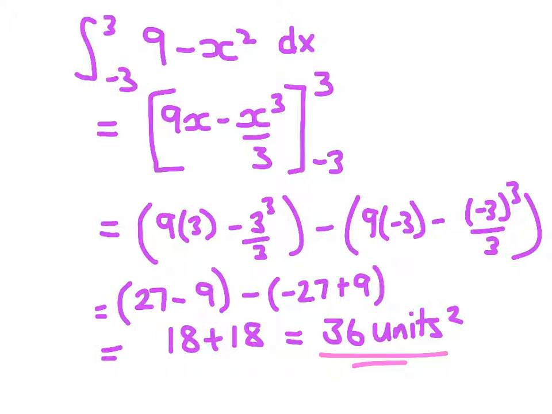The things you need to be careful with in this type of question are when you begin the integration, you must do the top curve, take away the bottom curve, not the bottom curve, take away the top curve. So the curve that is furthest away from 0, the highest up curve, take away the lowest curve.